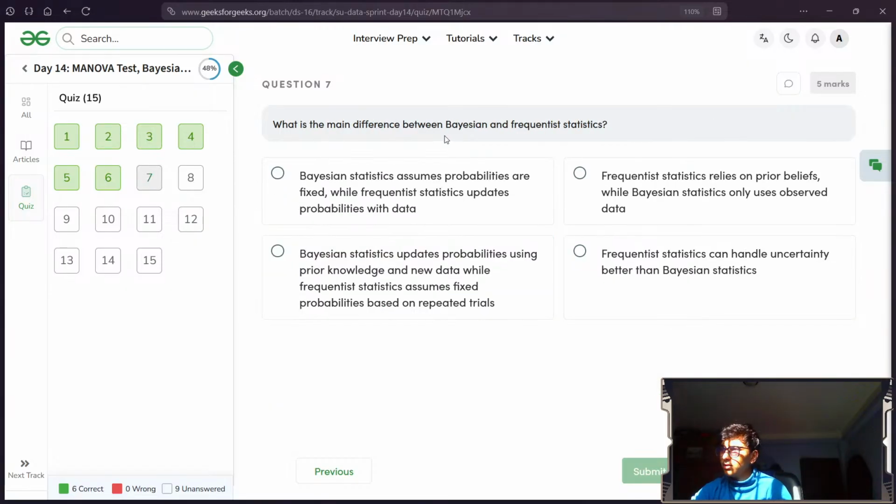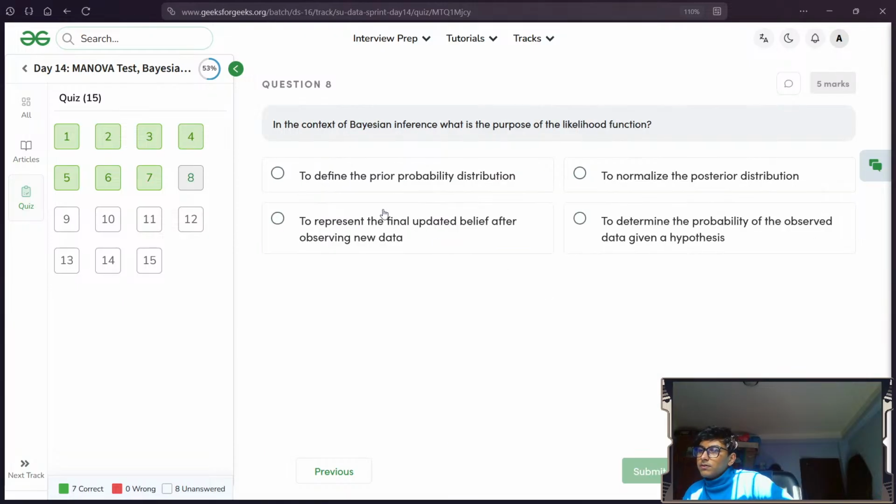What is the main difference between Bayesian and frequentist statistics? Bayesian statistics assumes probabilities are fixed, while frequentist statistics observes probabilities with data. Bayesian statistics relies on prior beliefs, while frequentist relies on observed data. Bayesian updates probabilities using prior knowledge and new data, while frequentist assumes fixed probabilities based on repeated trials.